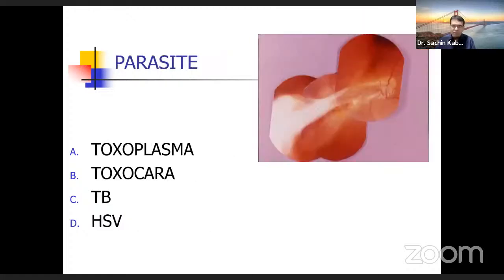Okay, this kind of retinal fold extending to the periphery is seen in which kind of parasitic infection? I'm telling you this patient has no history of prematurity, so this is not ROP sequelae. So this kind of picture is seen in which kind of infection? Toxoplasma, a sequel of Toxocara, can it be seen in TB or herpes simplex virus?